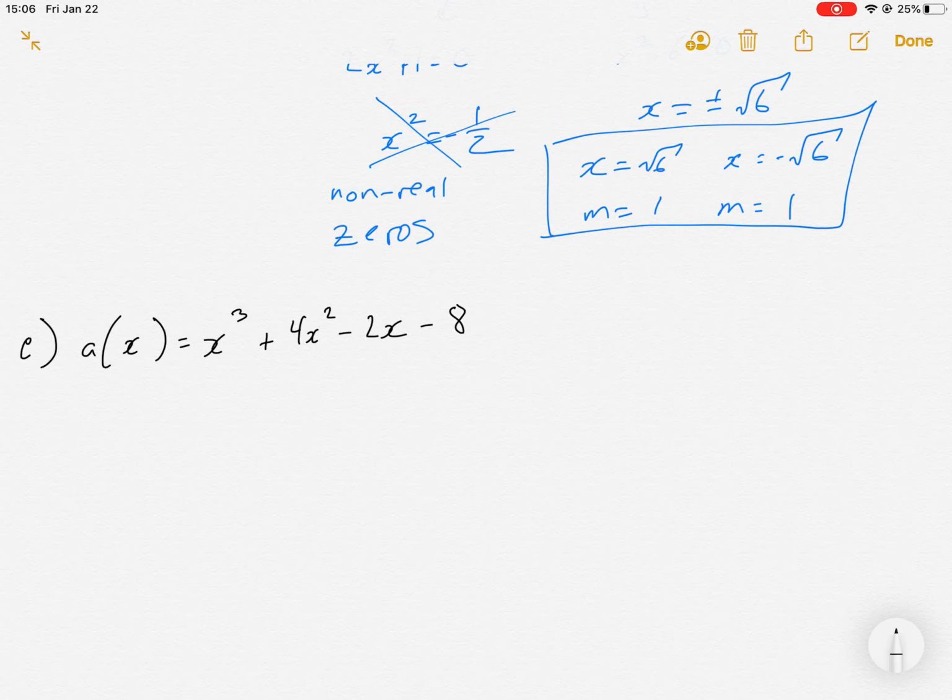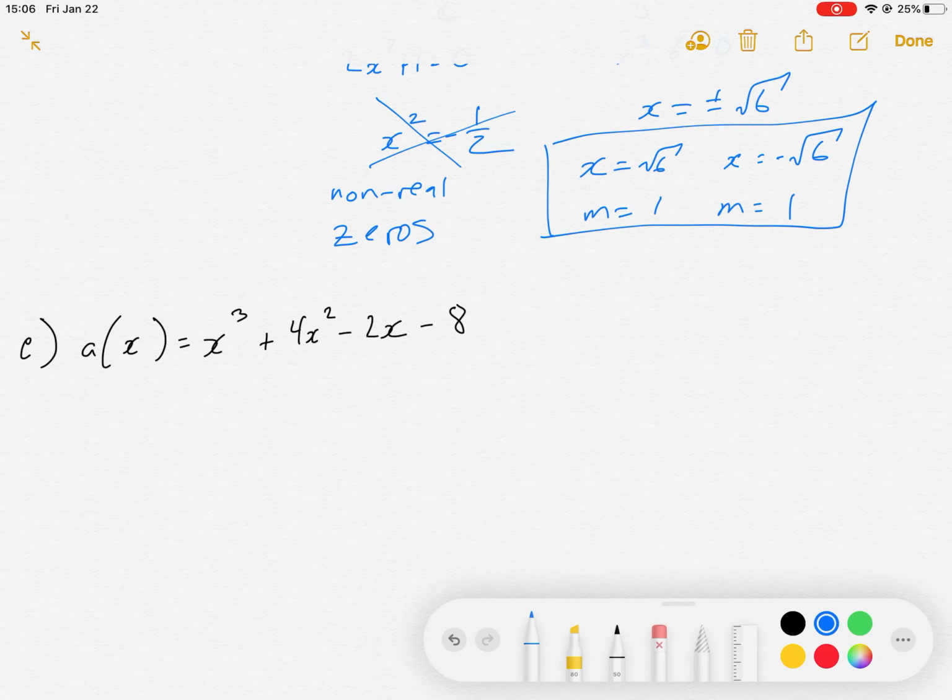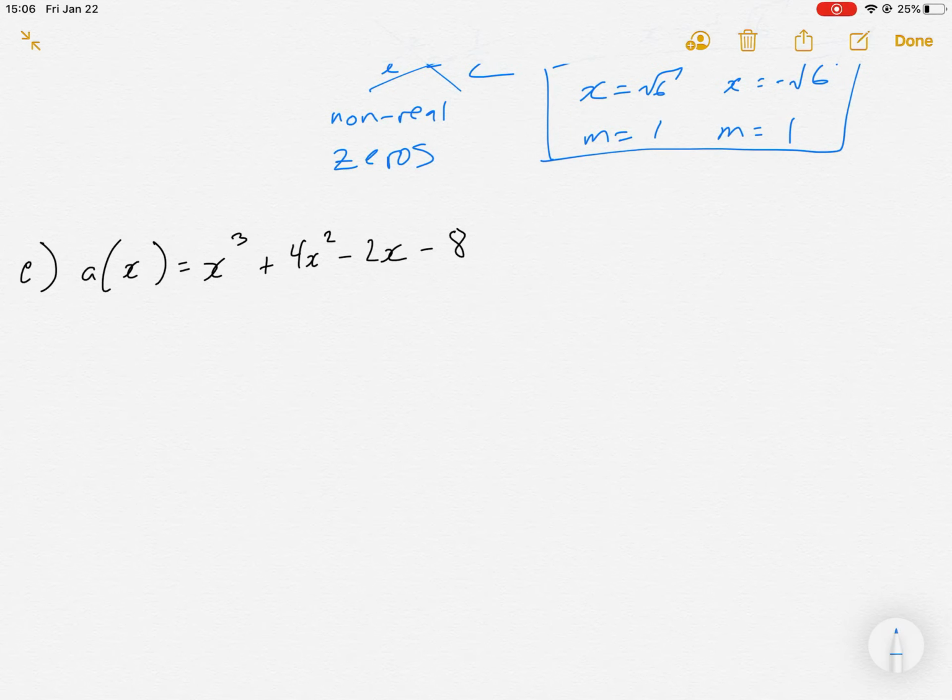Okay. Now this one at first glance is another one that kind of looks unfactorable. There's no GCF to start with. It's not a quadratic in disguise. That would be the other situation. However, we can think about grouping in this case.